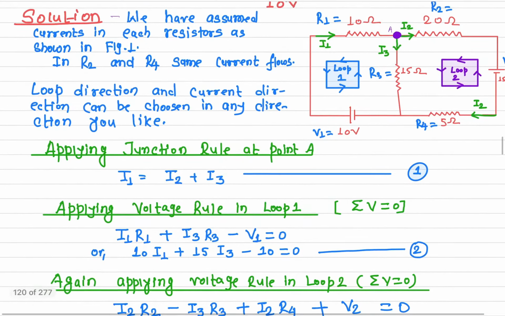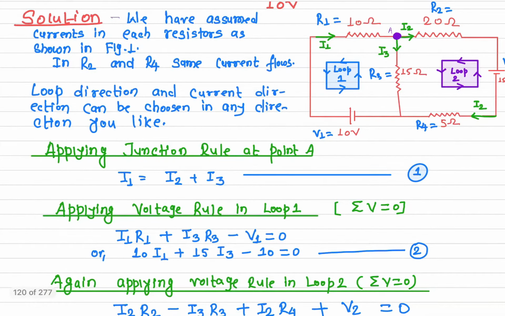What is the potential difference across this one? This is equal to the current times 10, because this is the 10 ohm resistor. I1 times R1, and R1 is 10. So this is equal to 10 times I1, and this is positive.